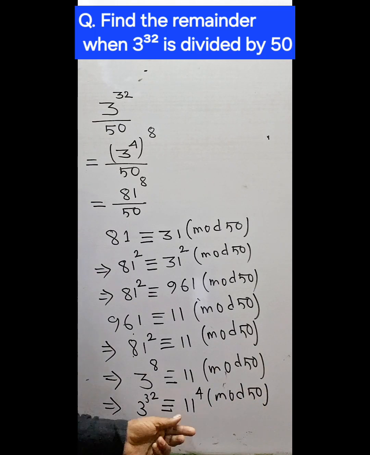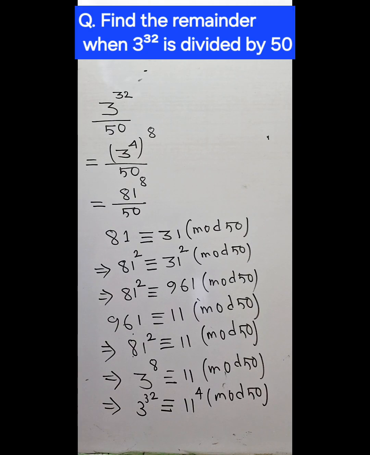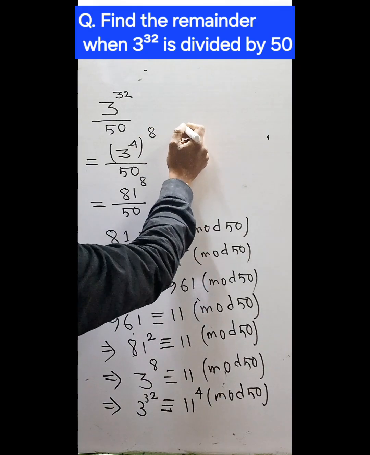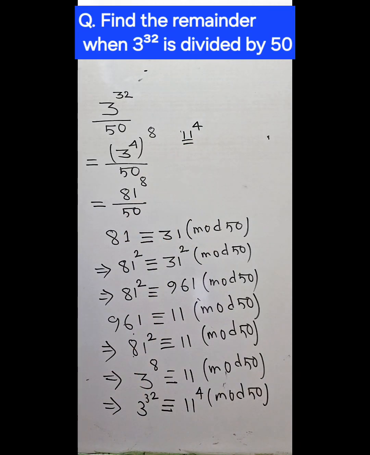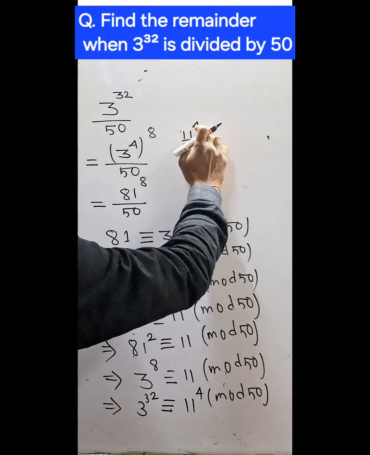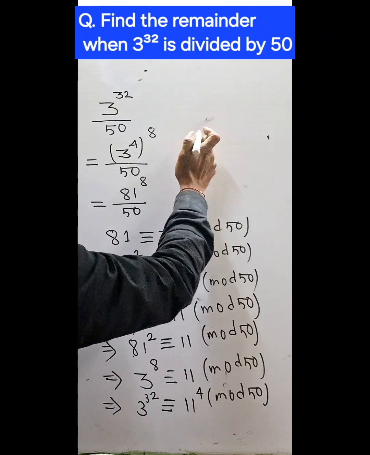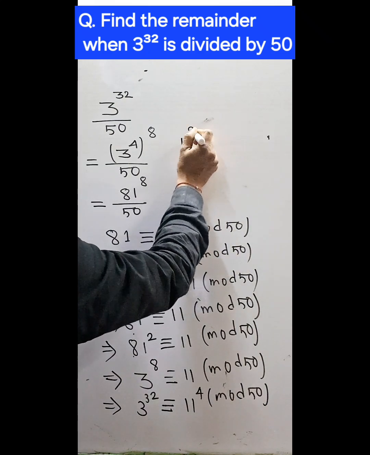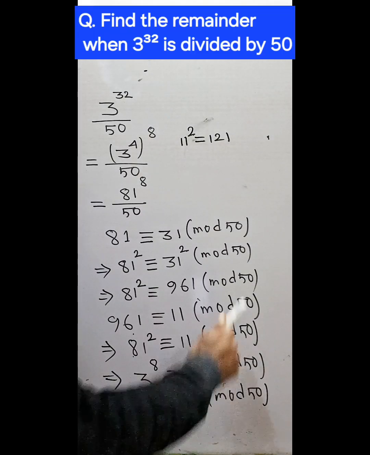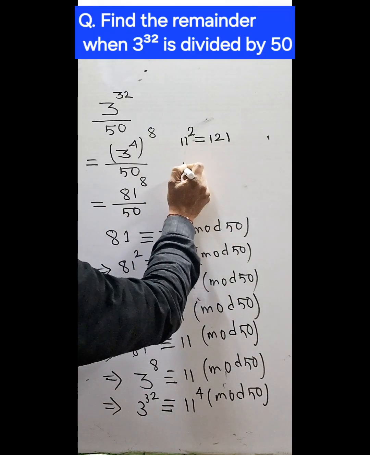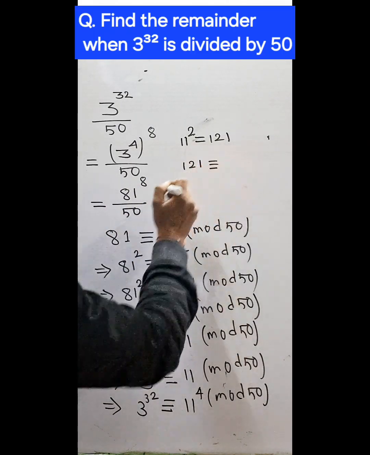Now we will consider 11 to the power 4. Look at here. With this number we are now going to simplify. But before that, 11 to the power 4 is not easy to calculate. Before that, 11 squared is easier for you, that is 121. If you divide 121 by 50, then what's the remainder?